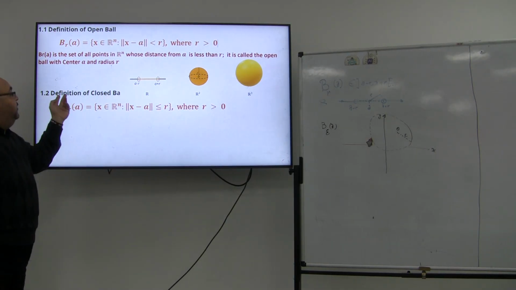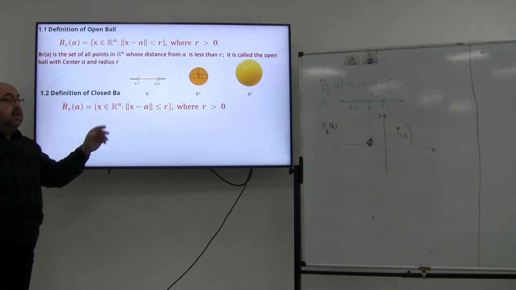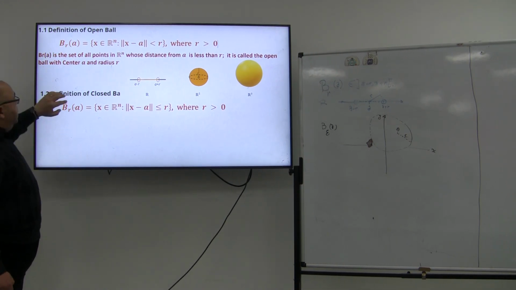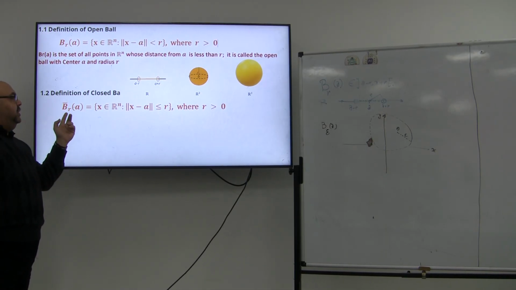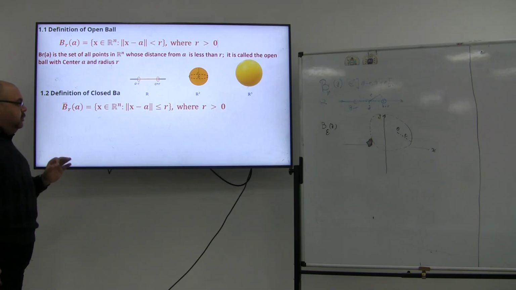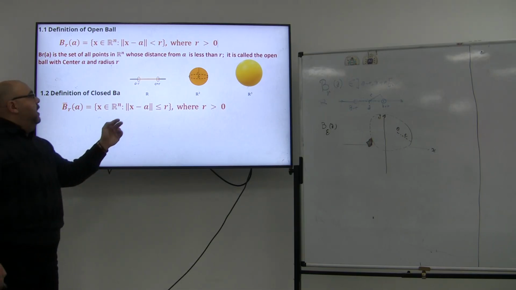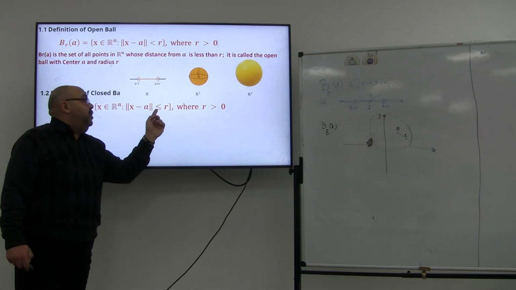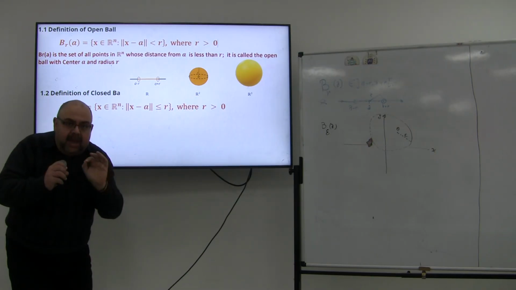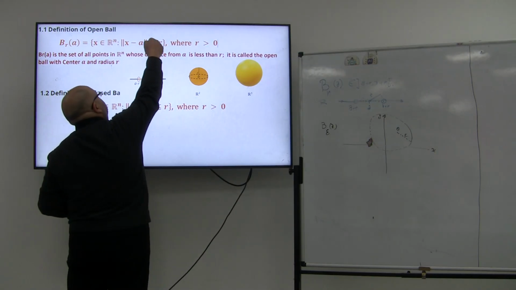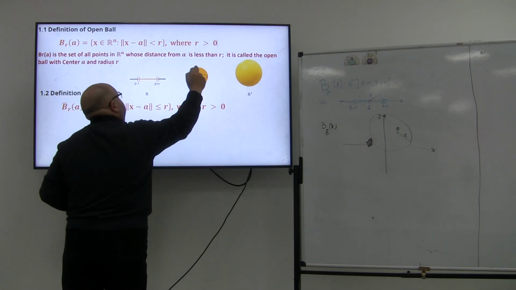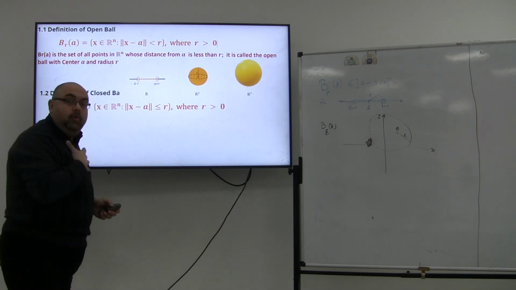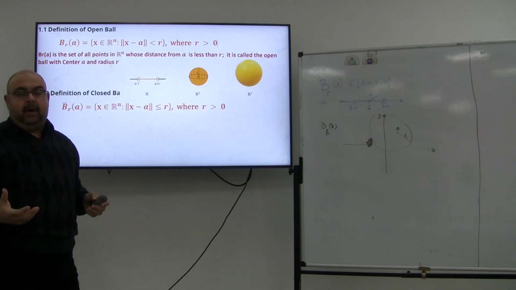Now the definition of a closed ball: the symbol is B, but with a dash on it. So B dash at A with radius R is the set of X belonging to Rn such that the distance is less than or equal to R. In the first inequality, we didn't have an equality sign, so the boundary is not involved in the definition of the open ball.